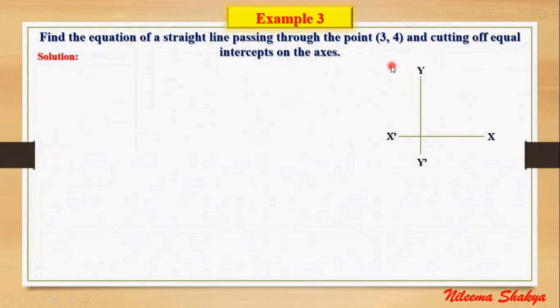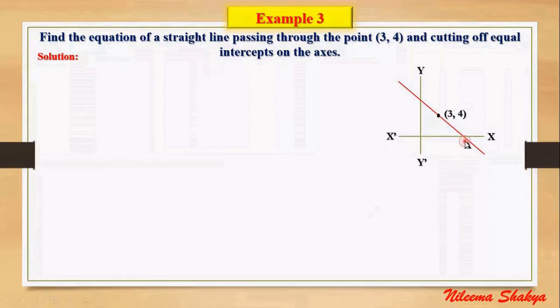The question is telling that the straight line passes through the point (3, 4). The line is here, which is passing through the point (3, 4). Let the line meet the x-axis at A and the y-axis at B. So the x-intercept is represented by small a, and the y-intercept is represented by small b.